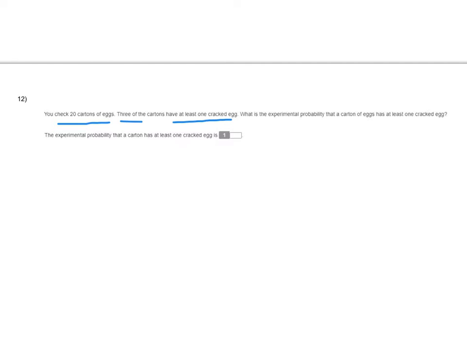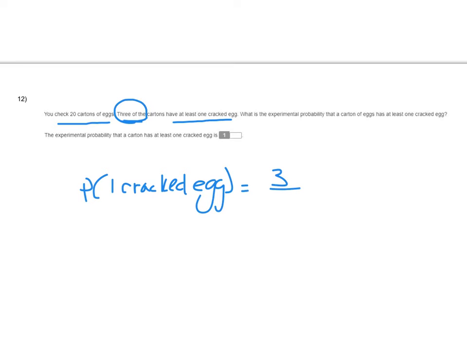So if I go back to the problem, there were 3 cartons that had at least 1 cracked egg, and the total number of cartons that were checked was 20. So that would be the bottom. So my experimental probability would be 3 out of 20.